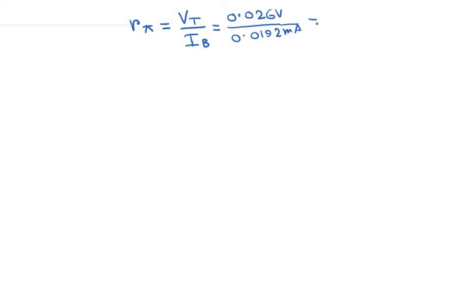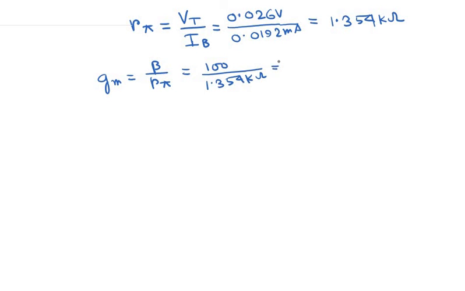So this gives me 1.354 kilo ohms. gm is equal to beta divided by r pi, which is 100 divided by 1.354 kilo ohms, and this gives me 73.85 millimho. Mho is the unit of conductance, and because we have kilo ohms over here, when we invert kilo ohms, we get millimho.